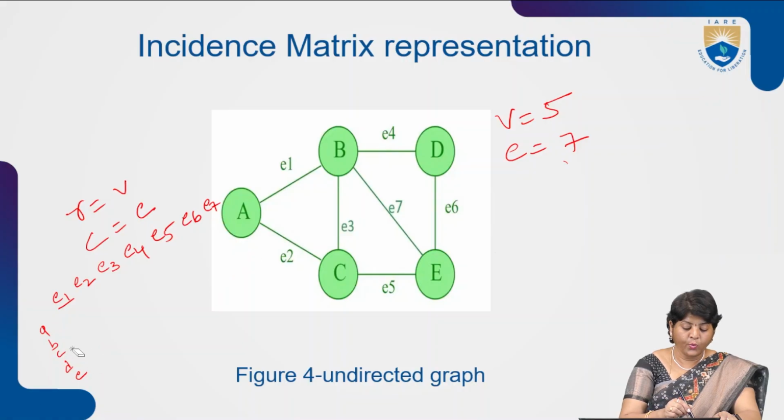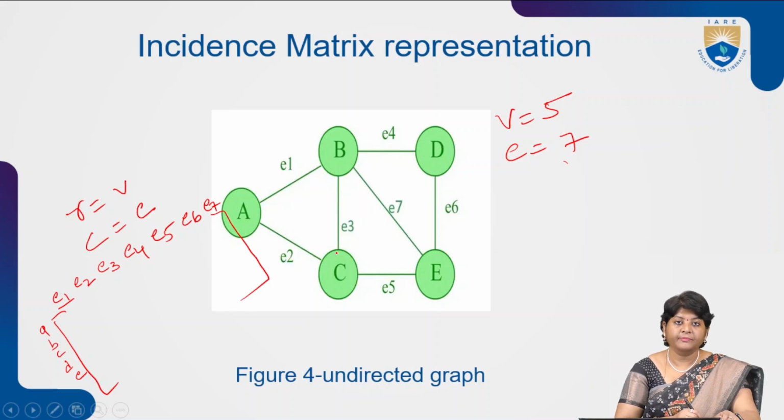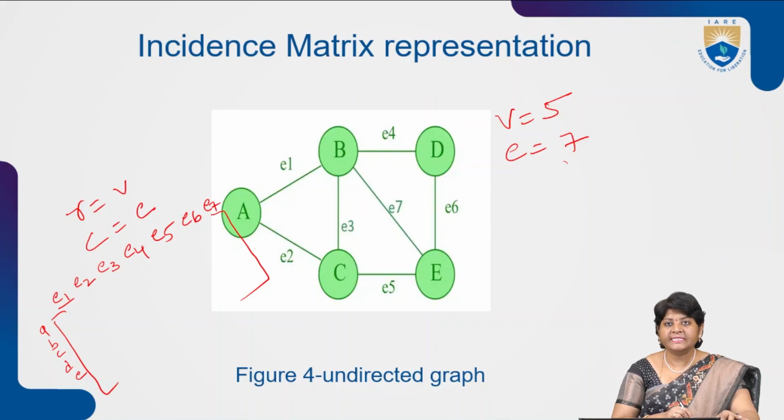So now how will we represent the incidence matrix for the given graph? As usual, when the connection is established, we will mark it with 1. If there is no connection, we will mark it as 0. We already saw the adjacency matrix, and now we will see the incidence matrix.